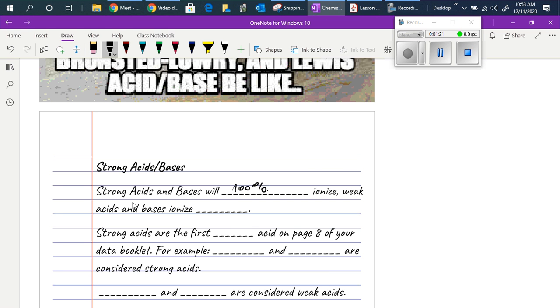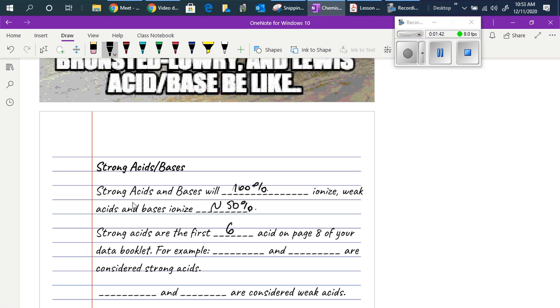And weak acids will be only partly ionized. So those 6 acids that are above the hydronium ion are considered to be the strong acids, and that means that they will ionize 100%.